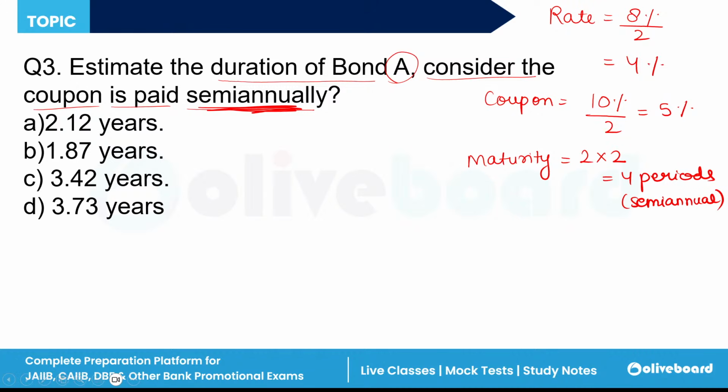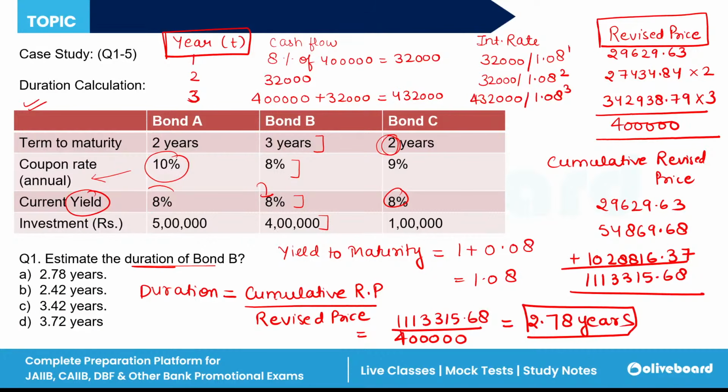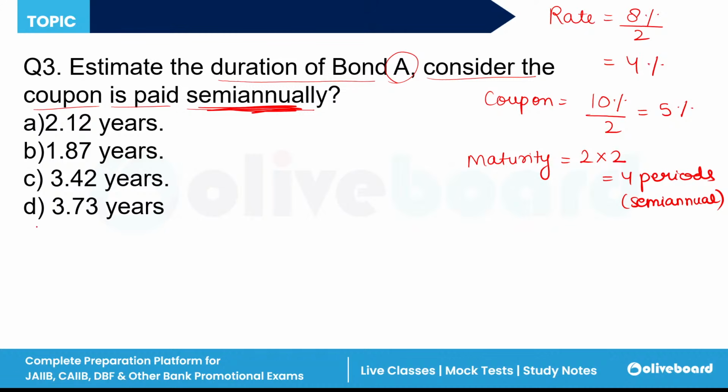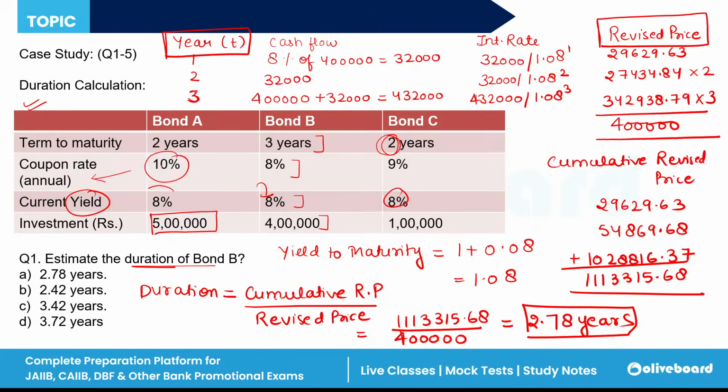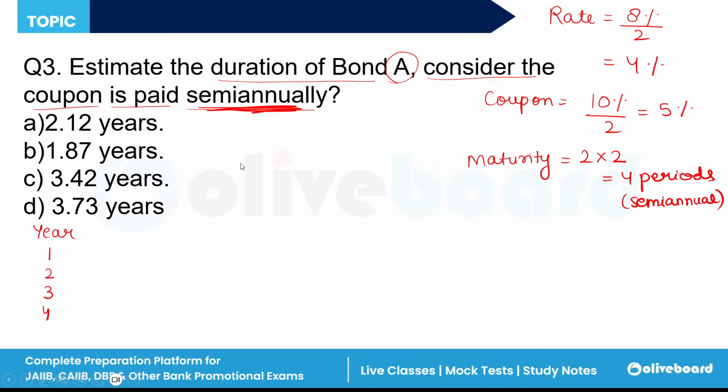Now, what is the face value? Face value is 5 lakh here. Everything else is the same. You have to write the periods again: first, second, third, fourth. Why 4? Because there are 4 periods. Then what is the cash flow? 5% of this 5 lakh.